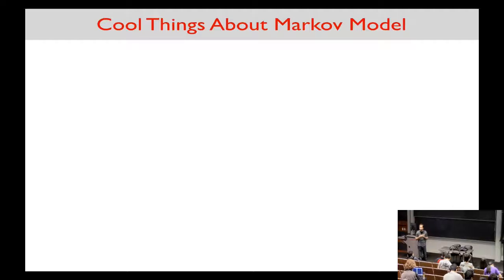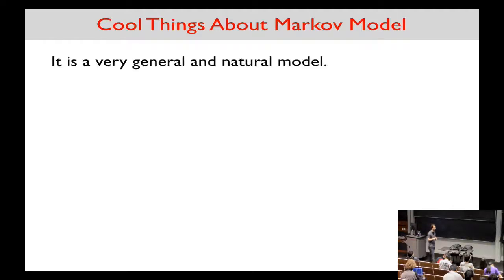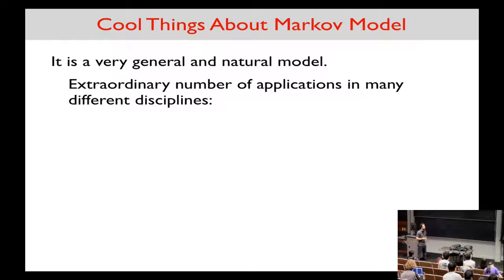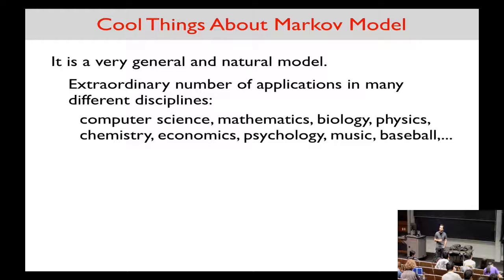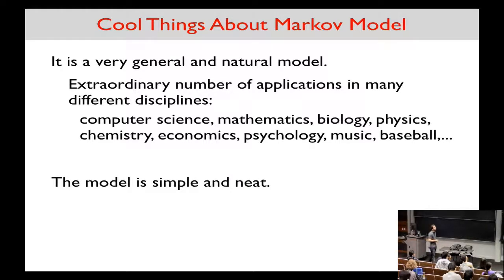Okay, so what are the cool things about the Markov model? As I said, it's super general. And therefore, it has an enormous number of applications in many different disciplines. So not just in computer science, as I said, math, biology, physics, chemistry, economics, psychology, music, baseball. Okay, so whatever you can think of, there's an application of Markov model there.